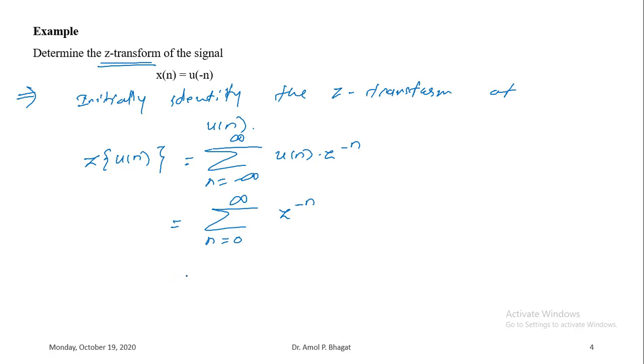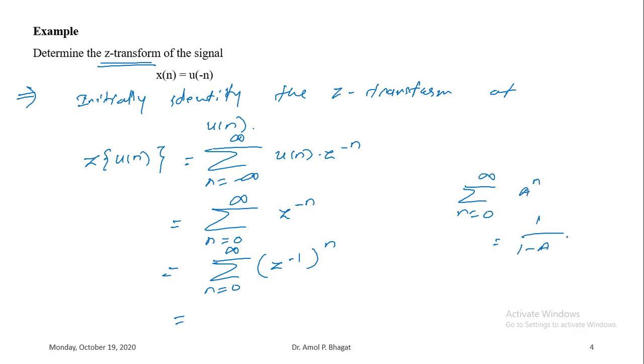Again I can rewrite this equation as summation n equals 0 to infinity z inverse raised to the power n. As per the infinite geometric series, summation n equals 0 to infinity a to the power n is equal to 1 upon 1 minus a, provided mod a is less than 1.